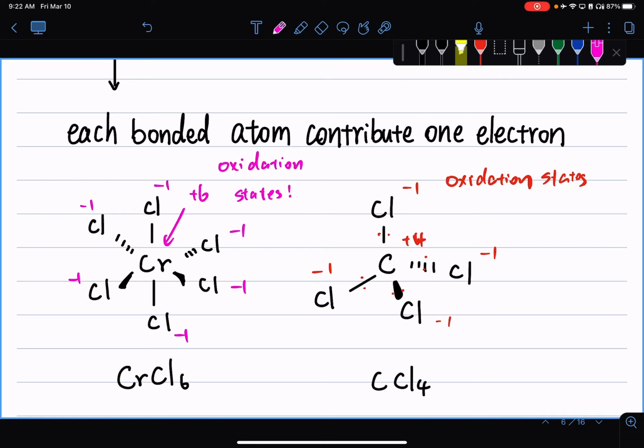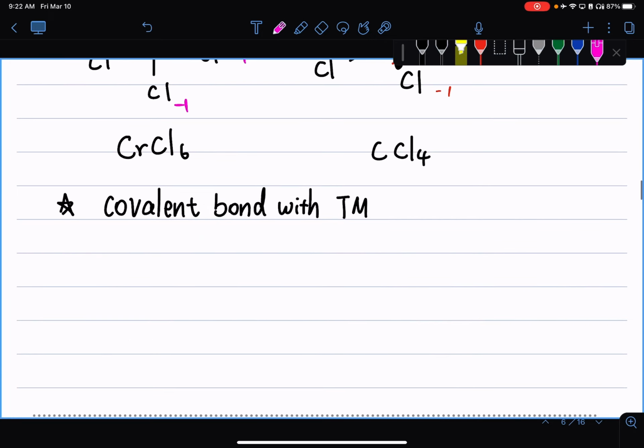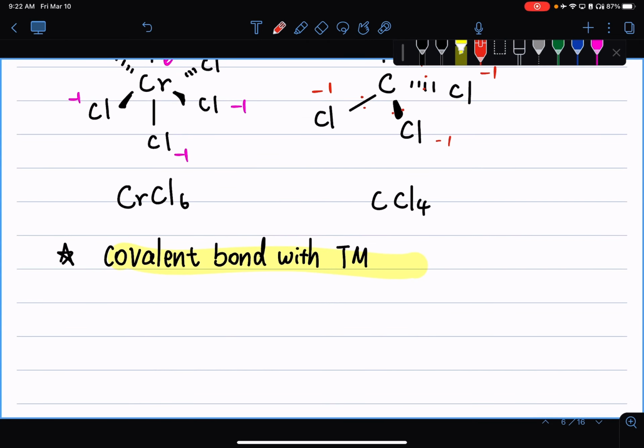In transition metal complexes, these covalent bonds are called anionic bonds, or anionic ligands. We also call them X-type ligands.